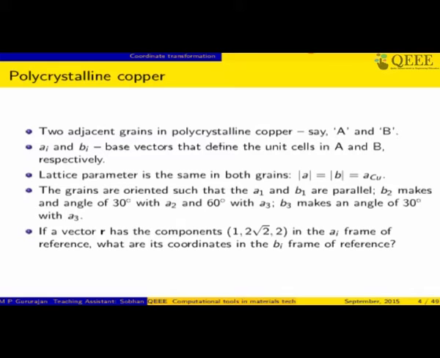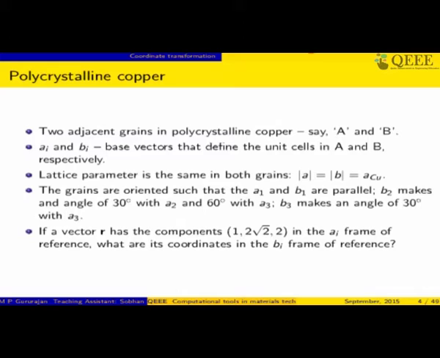But the lattice parameter, because this is the same copper, is the same in both crystals, both crystallites, or grains as they are called. They will have the same lattice parameter because it is the same copper material. The only thing that differs is the two orientations.